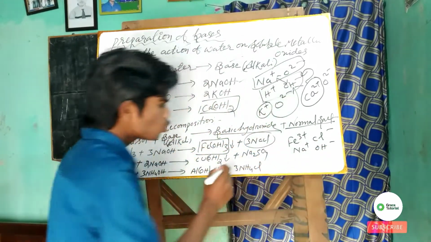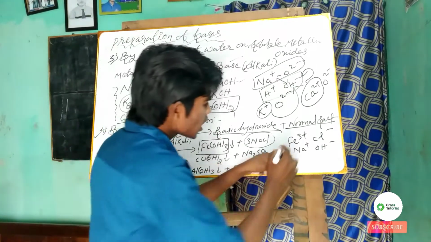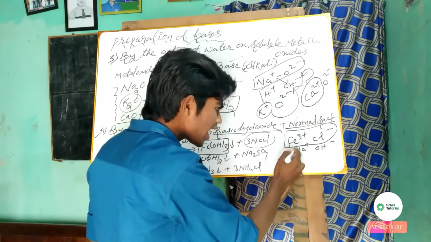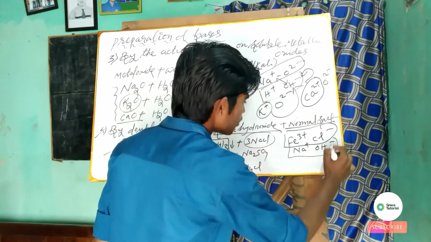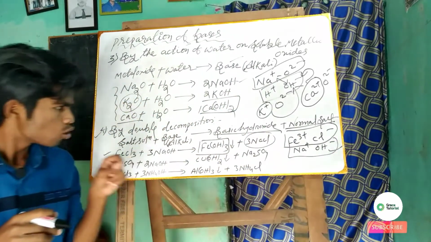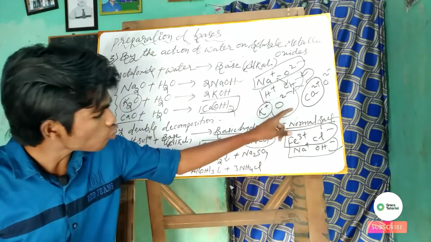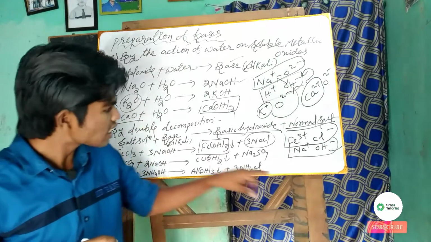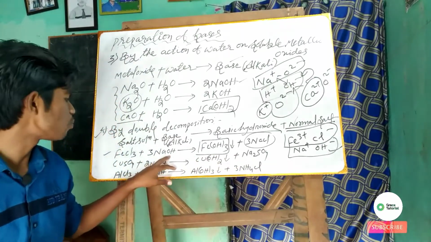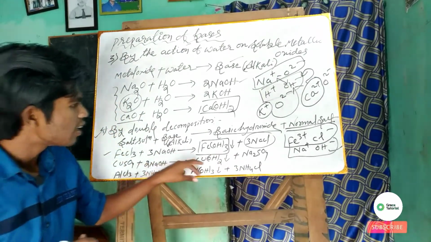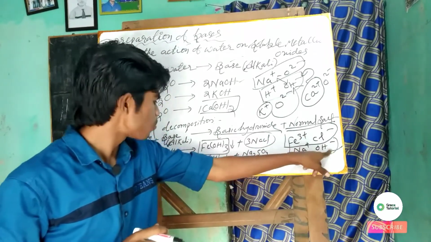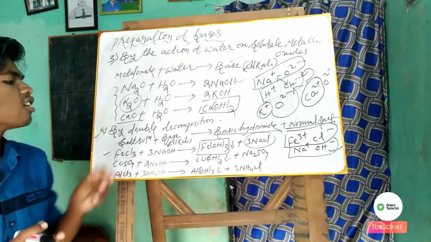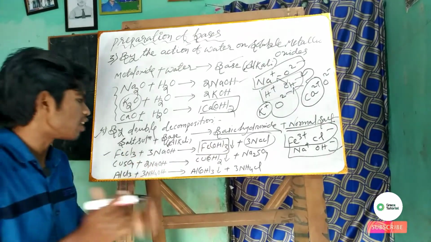So the positively charged part of this compound, that means Fe3+, will react with the negatively charged part of the sodium hydroxide molecule, that means the OH− ion. In this way, Fe3+ reacts with OH− ions to form Fe(OH)3. Ferric hydroxide is obtained, which is basically a precipitate.